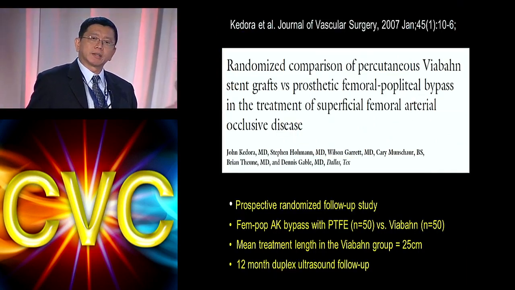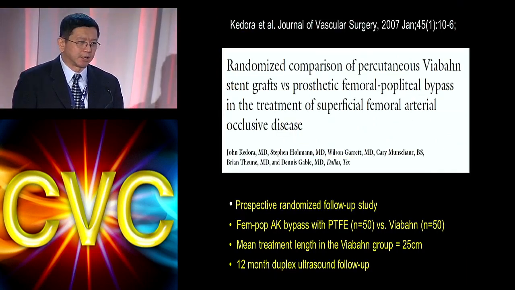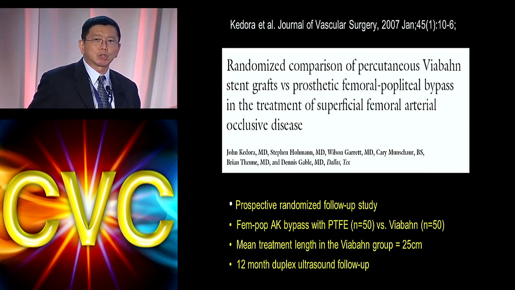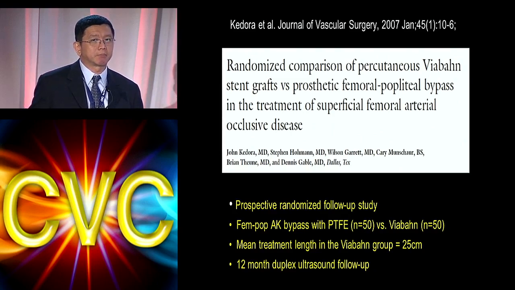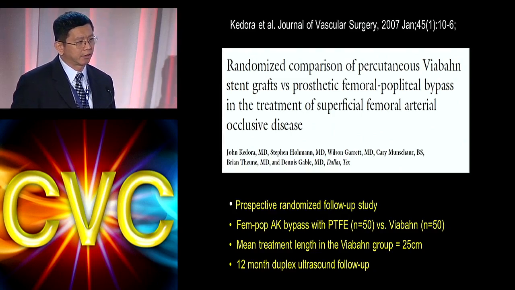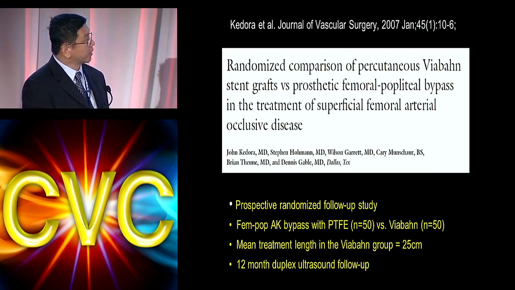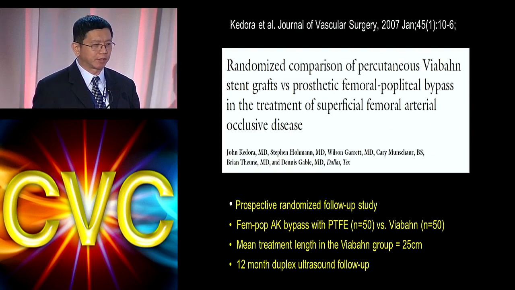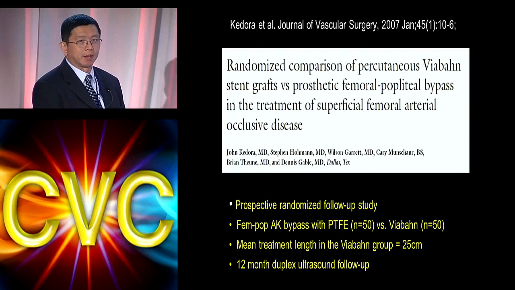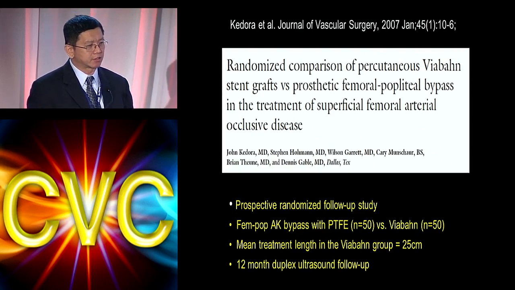More recently, there is a randomized prospective study looking at Viabahn compared to surgical bypass. And this is one of the few randomized prospective studies comparing the endovascular treatment modality versus surgical bypass. This group comes from Baylor in Dallas, where they randomized 50 patients comparing PTFE bypass, which is considered the surgical standard of care, versus percutaneous Viabahn, a covered stent graft, in SFA lesions.